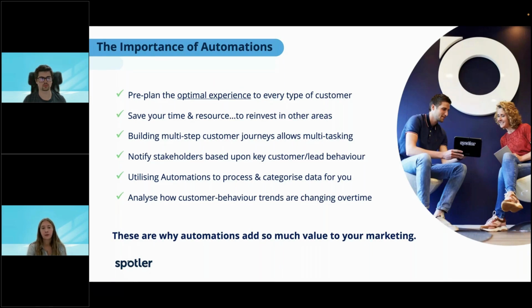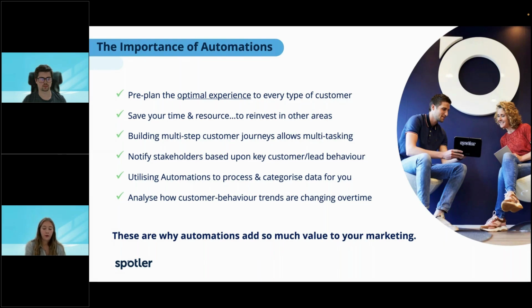We're also able to save time and resource. The whole point is that automations are set up and run in the background, so the welcome email that you're currently manually sending to maybe every single customer goes through an automation instead. You can build multi-step customer journeys.